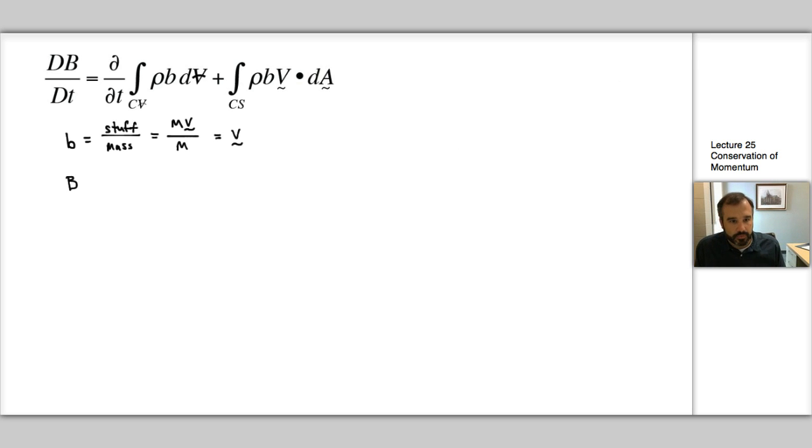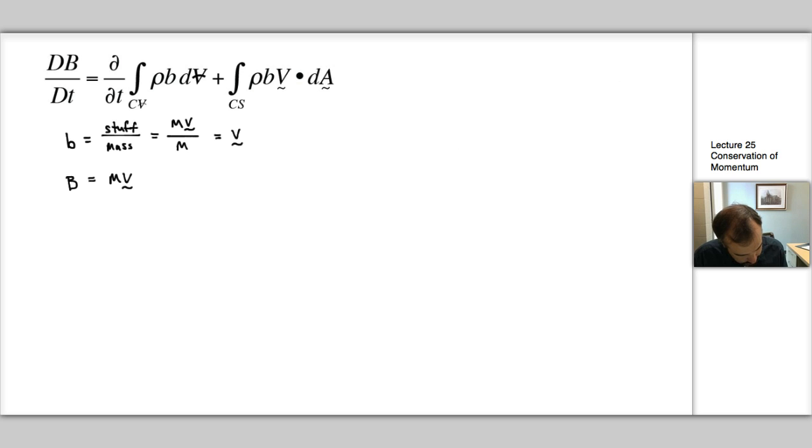Similarly, we're going to have capital B, which is going to be just the momentum, so it's going to be mv. That gives us our definitions for our lowercase b and capital B, and we can then plug those directly into the Reynolds transport theorem.